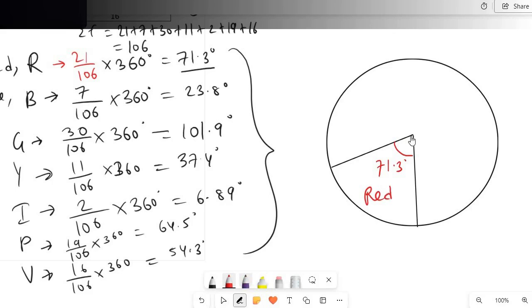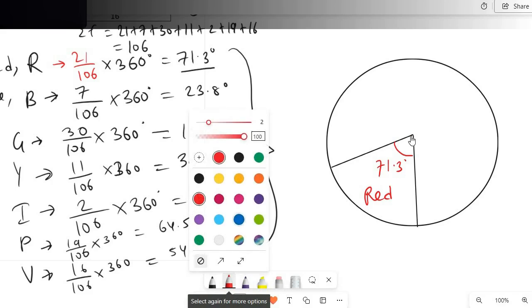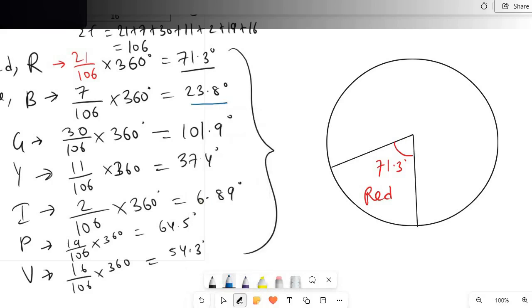For the next one, where we have blue, the angle subtended by it is 23.8, which is smaller than red. So we can say that blue can be represented by a sector with a size similar to this.